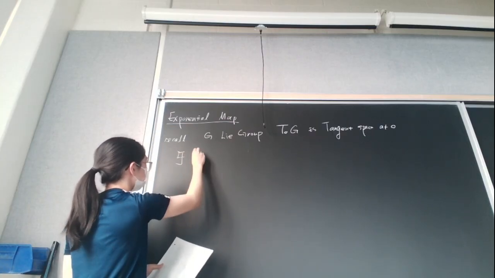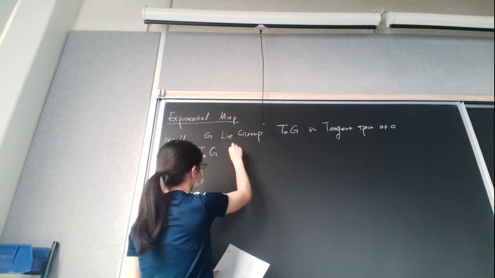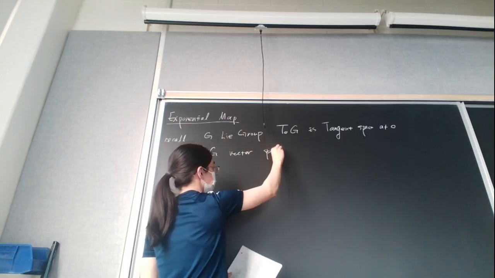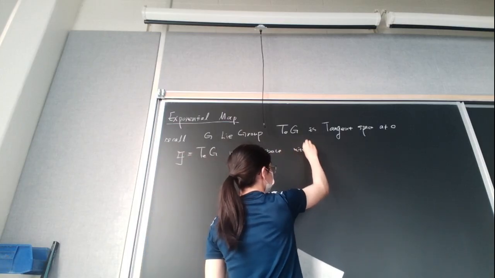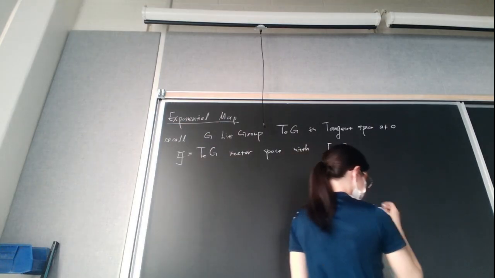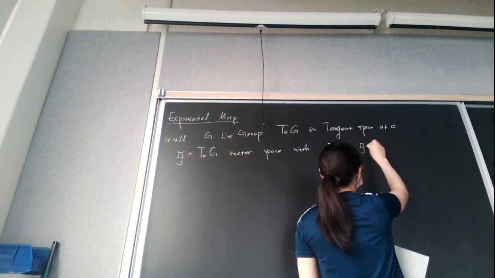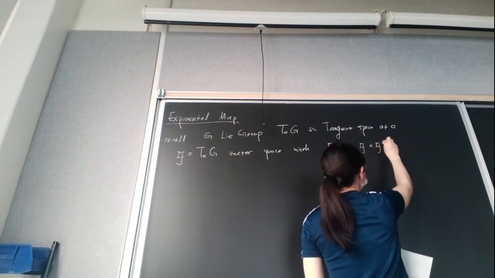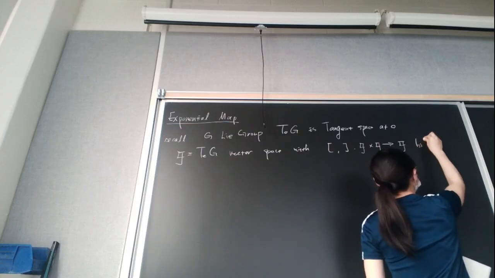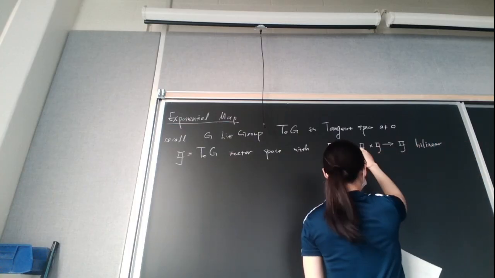So let's write it like this: T_e G. This is a vector space with a bilinear map. And this is called a Lie bracket.